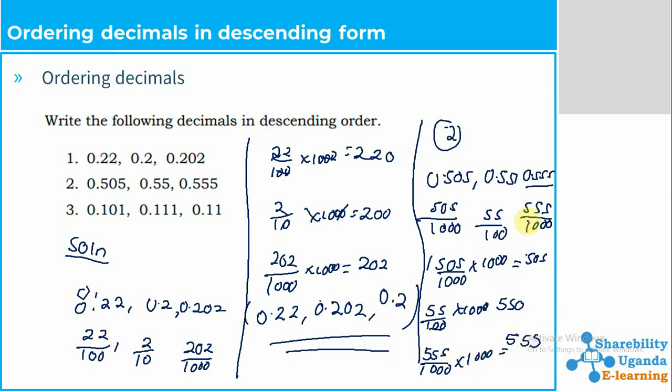555. So now here we can come and arrange and see which one is the biggest. We have our 505, 550, then 555. So 555 becomes our biggest value. Then 550 becomes our second biggest.